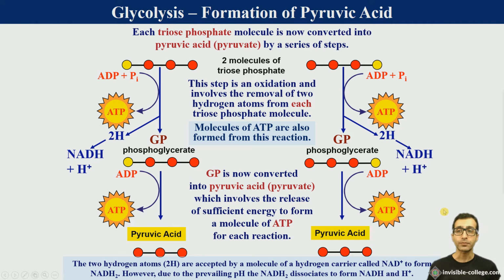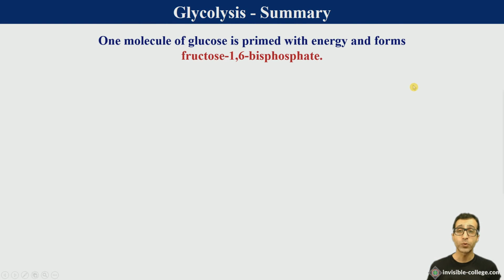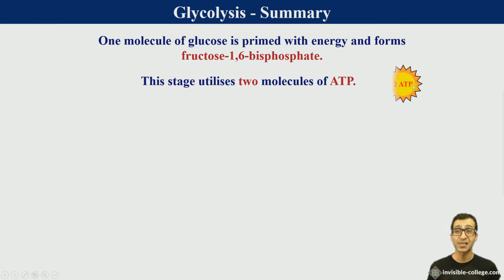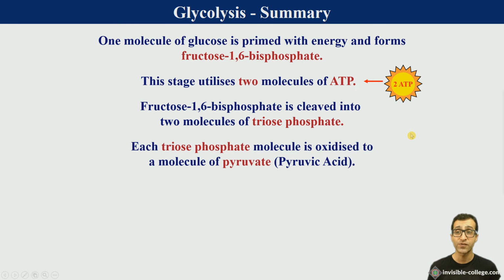So let's summarize glycolysis then. One molecule of glucose is primed with energy and forms fructose 1,6-bisphosphate, and this utilizes a total of 2 ATP molecules. This fructose 1,6-bisphosphate is then broken apart or cleaved into 2 molecules of triose phosphate.